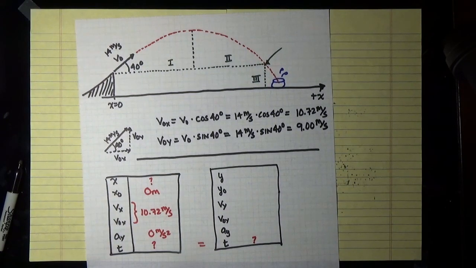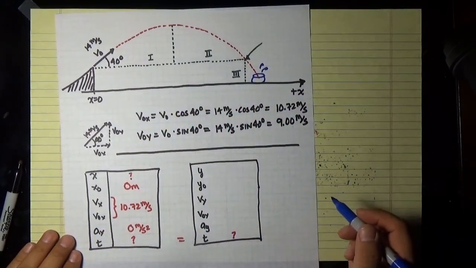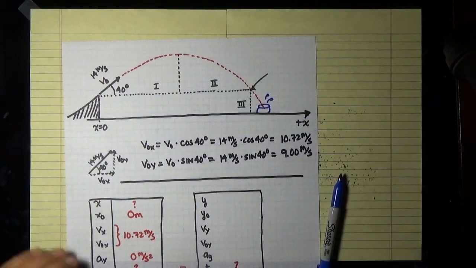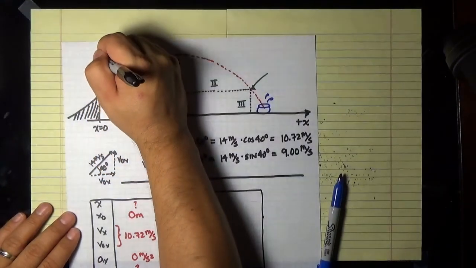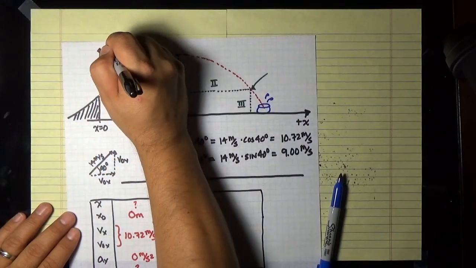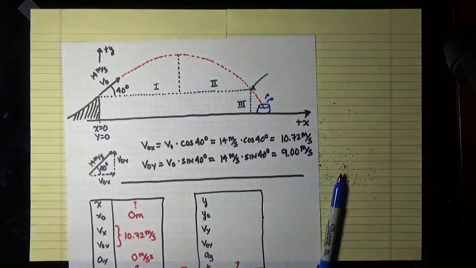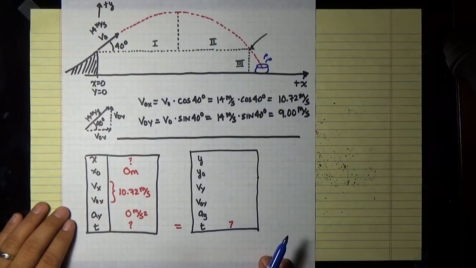Okay, so now I'll go to my y kinematic table. I haven't yet chosen a vertical coordinate here, but I'm going to do that now because I have to decide on some signs, and as is usually my habit, I'm going to define plus y to be up and y equals 0 to be at ground level. Okay, so if I do that, then filling out this kinematic table is now possible.